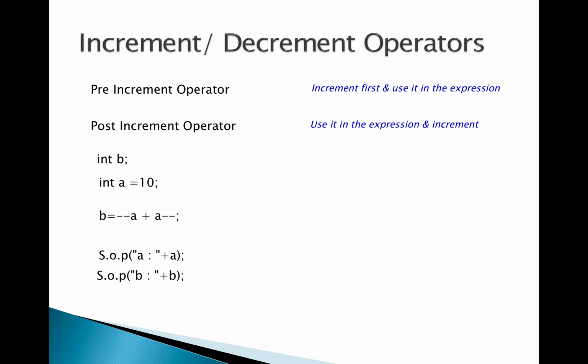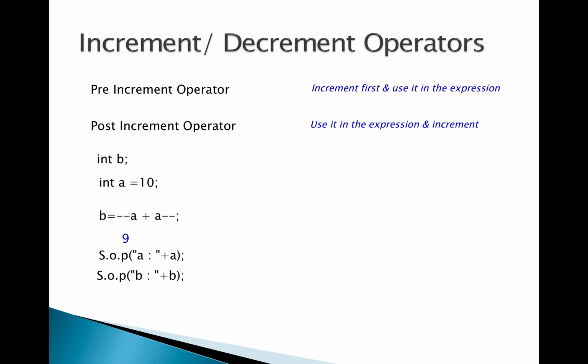A's value is 10 and this is a pre-decrement operator. When I say pre-decrement, it is going to decrement the value first and then use it in the expression. So here it is going to use 9 first actually, because it is not going to use 10, it is going to use 9 because it is already decrementing the value of a. So you are going to get the value as 9 here.